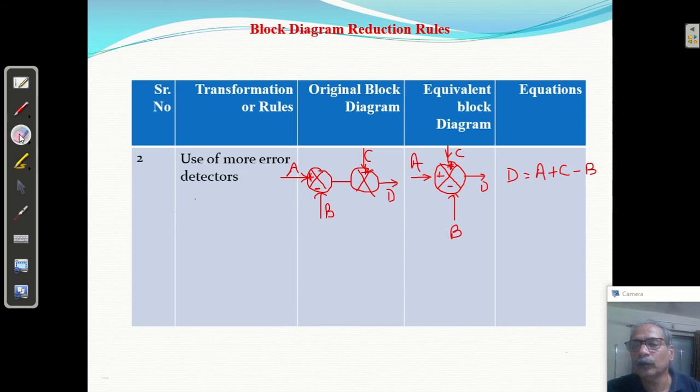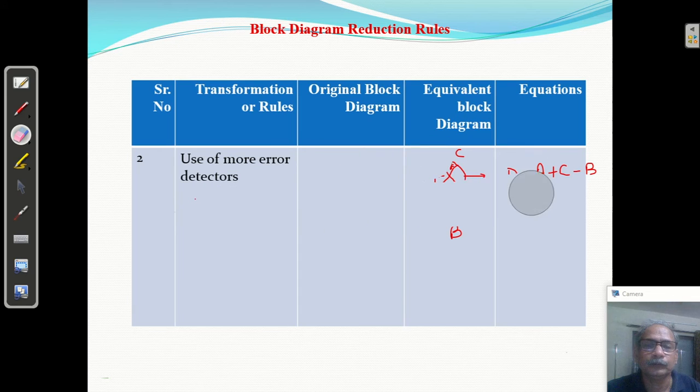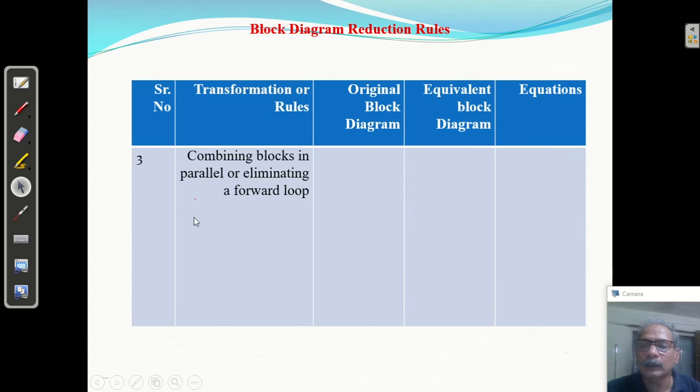Rule number 3 I am going to discuss. These are called block diagram reduction rules. The third rule is combining blocks in parallel.